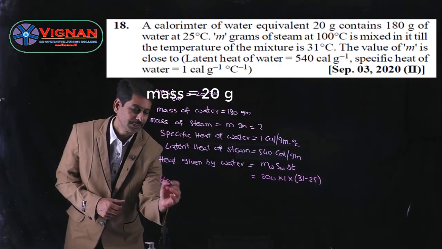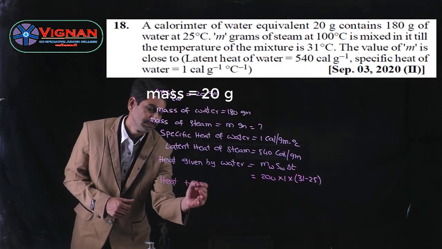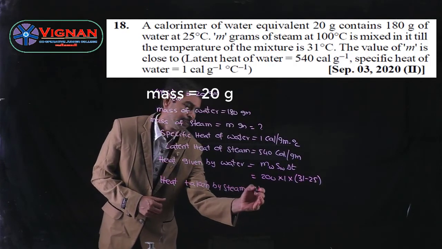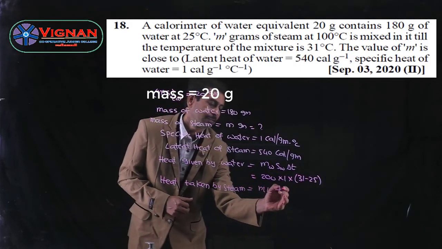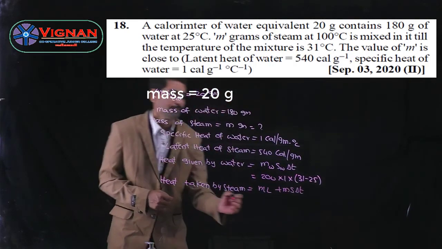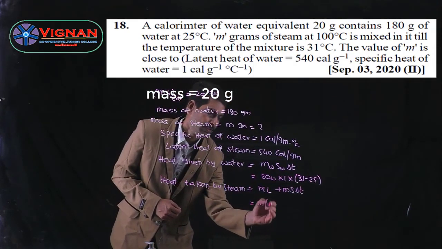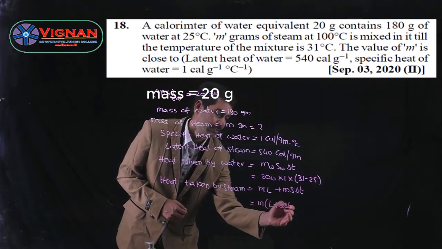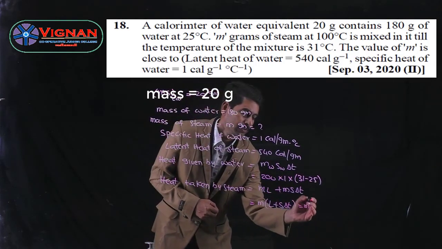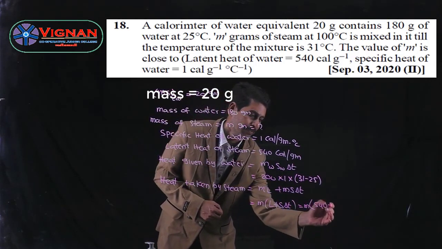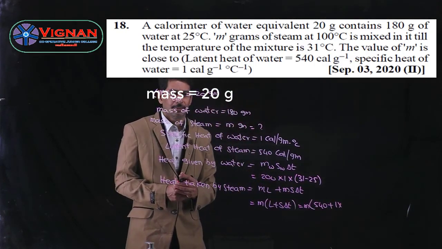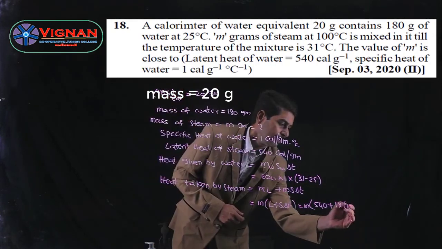And heat given by steam is equal to mL plus m s delta T. By taking m common, we get m into L plus s delta T. So this is equal to m into latent heat of steam, which is 540, and specific heat of water is 1, and change in temperature is 100 minus 31.